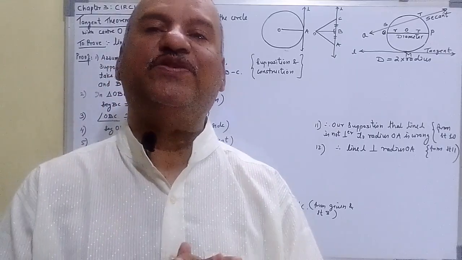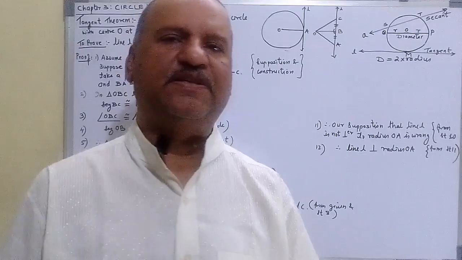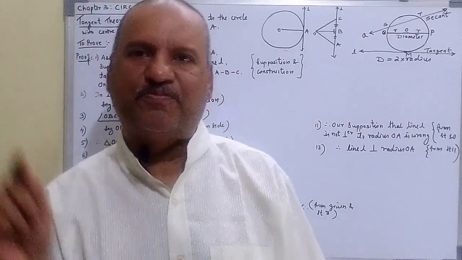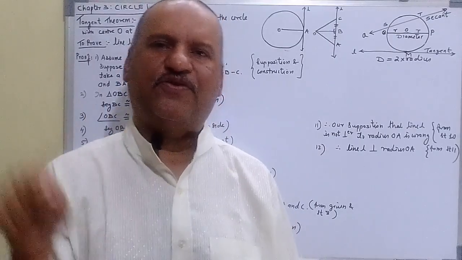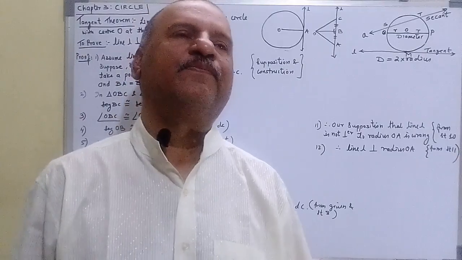A set of points which are equidistant from a center is called a circle. Please see this. There are many points, and they form a circle. We can draw a circle with infinite points on that circle.